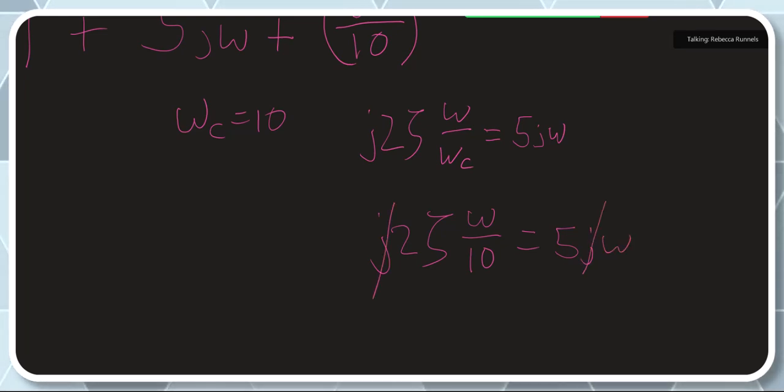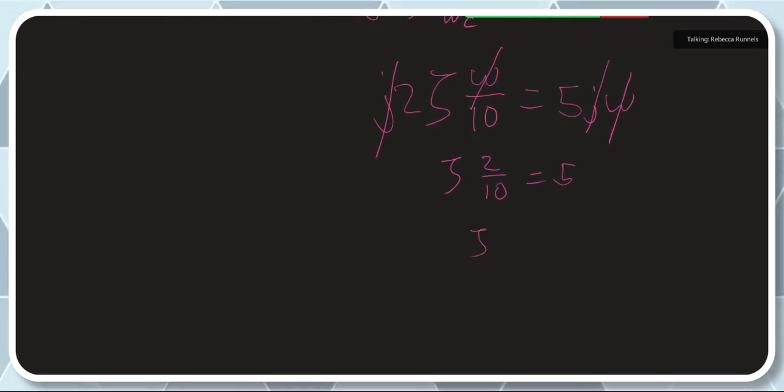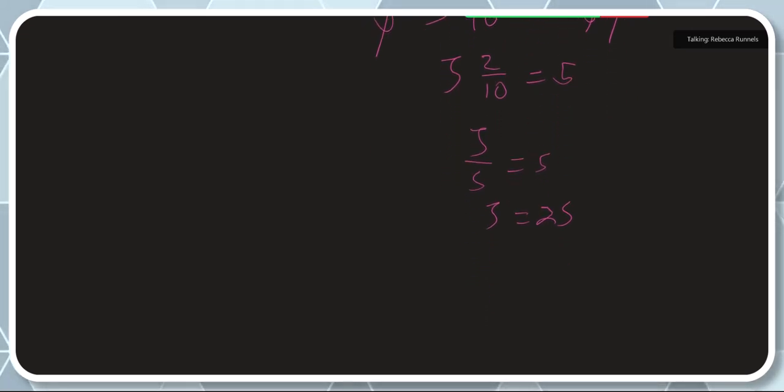The j's will always cancel, the omegas will always cancel, and then I have zeta 2 over 10 equals 5, or zeta over 5 equals 5, or zeta equals 25, which I don't think is reasonable, but it is the answer I got. So that would be the damping factor. And what that has to do with is when you have a circuit that has an oscillatory response, it has to do with how quickly it reaches its asymptotic value.